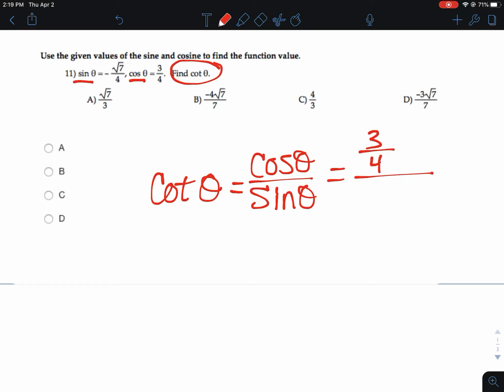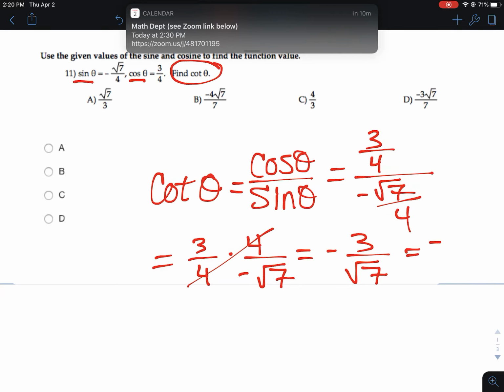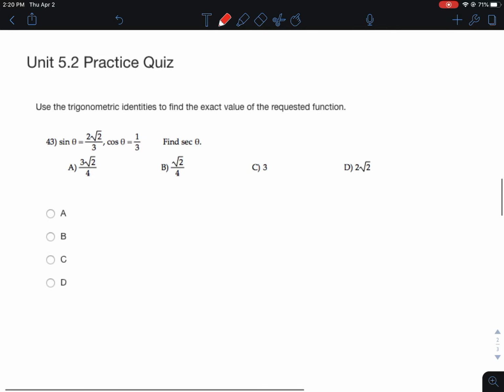So that would be 3 over 4 divided by negative square root of 7 over 4. If I multiply that, I get 3/4 times 4 over negative square root of 7. The 4's cancel out, and I get negative 3 over the square root of 7, which again, if we rationalize, is negative 3 square roots of 7 over 7. All right, so that one would be D.